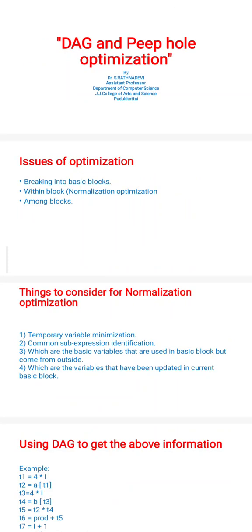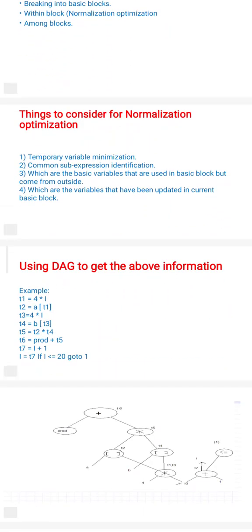The things to consider for normalization are: we have to create some temporary variables, and then find the common subexpressions. Then the variables used in that basic block but coming from outside, and the variables that have been updated in the current basic block.